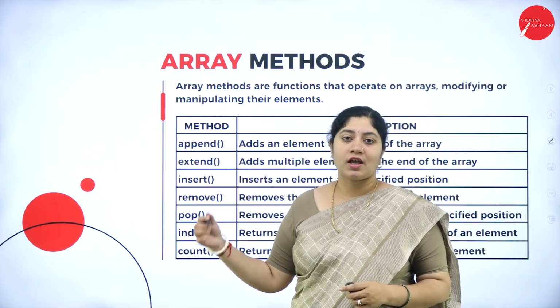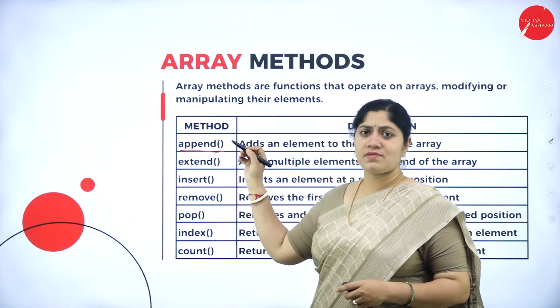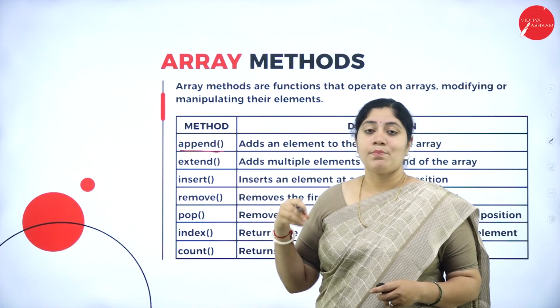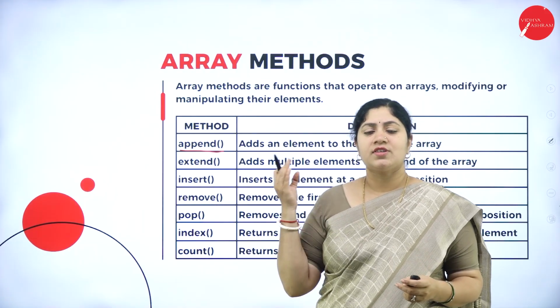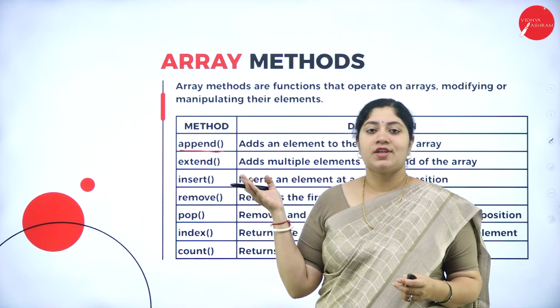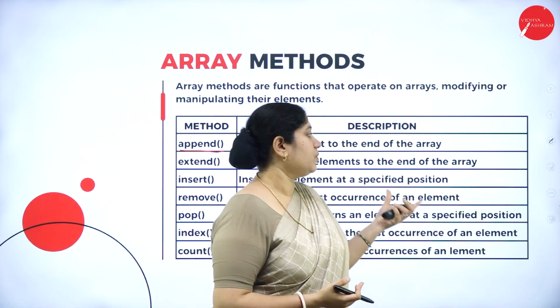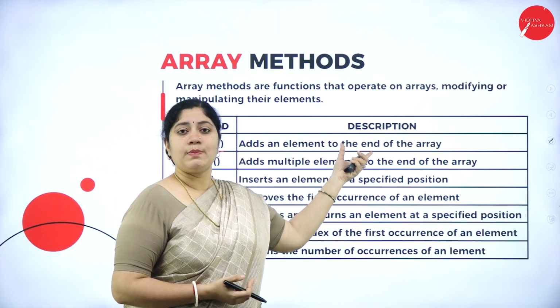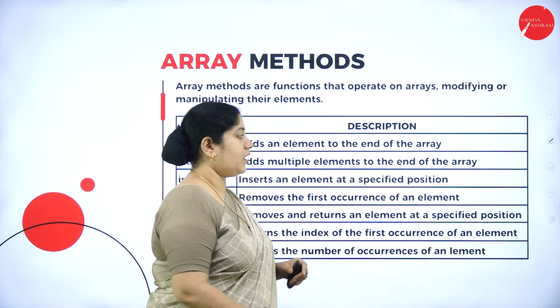The first method that we can consider is append. As the name itself says, we will be adding, but the main thing to understand is where we add the element: at the start, the end, or the middle? We will be adding an element at the end of that array.